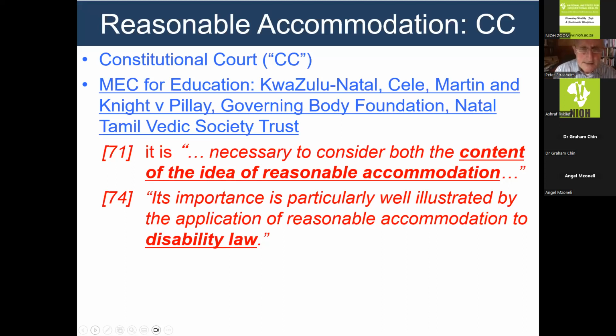Why is this? Because the unanimous court in MEC for Education KZN versus Pillay, Member of the Executive Council, Knight versus Pillay, the governing body foundation of the Natal Tamil Vedic Society Trust, said that it is necessary to consider the concept and the idea of reasonable accommodation. So there's the Constitutional Court talking about reasonable accommodation being a concept and an idea.